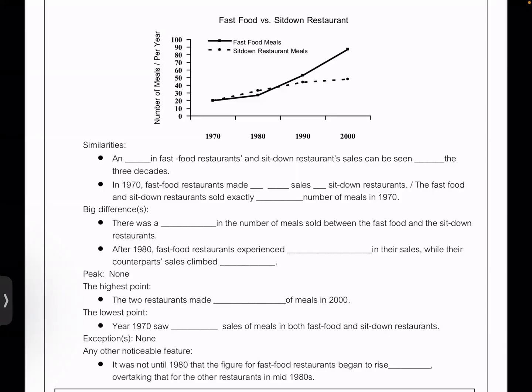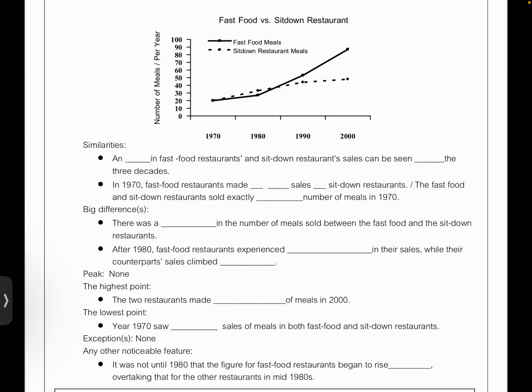All right. So for big difference, you can say there was a huge discrepancy, right? In 2000, you look at the trend, we can say fast food restaurant grow at a much higher rate than sit down restaurant.